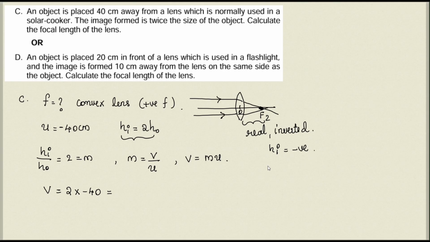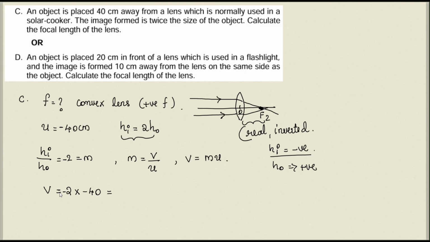The height of the object is always positive, but as it is a real image, the height of the image is negative. That's why the magnification will be minus 2. So you have to apply that sign convention here.